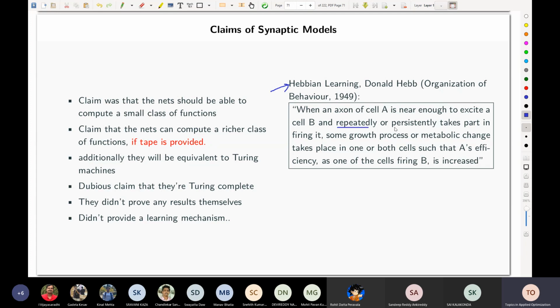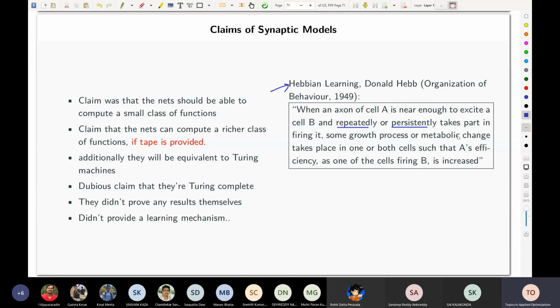Remember Aristotle's law of frequency, right? The law of frequency suggested that if things happen frequently, very often, then the associations are strong and we tend to learn. This is what is being incorporated by Donald Hebb, called Hebbian learning after his name.